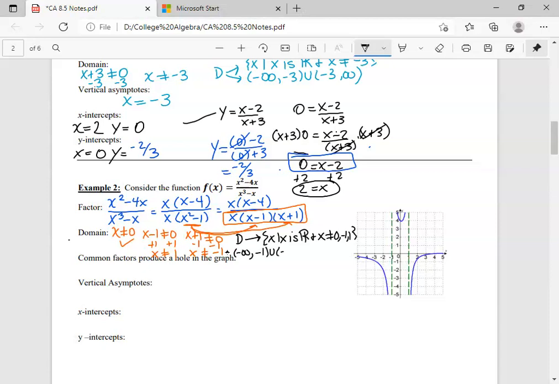We're good again from negative 1 to 0. We're good again from 0 to 1. And then we're good again from 1 to infinity. That one's kind of crazy. Any questions about that? So we're factoring it. We're looking at what the zeros are in the denominator.